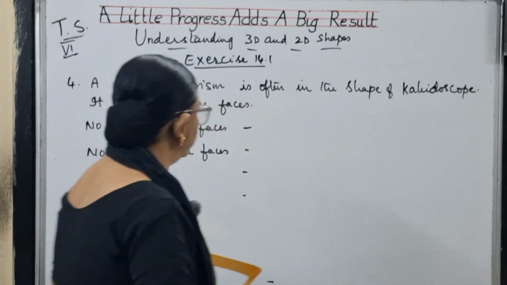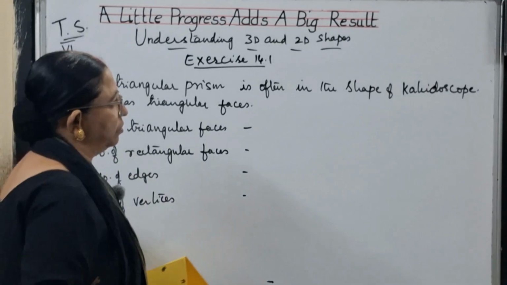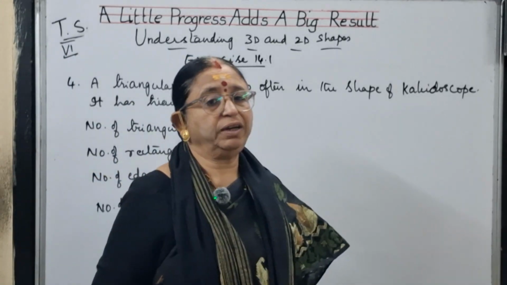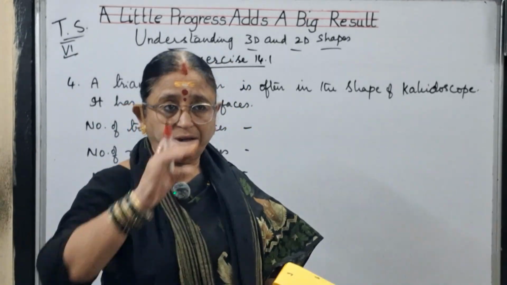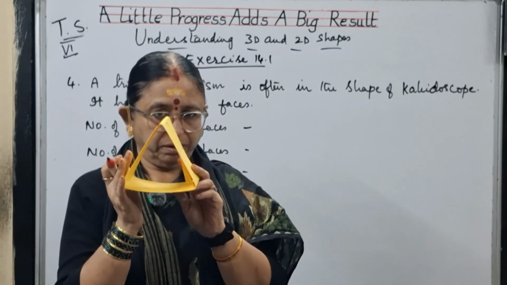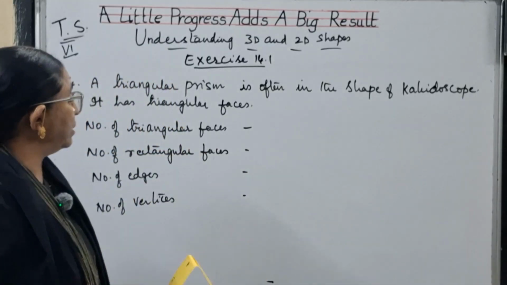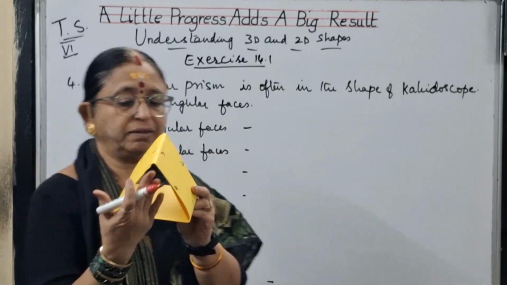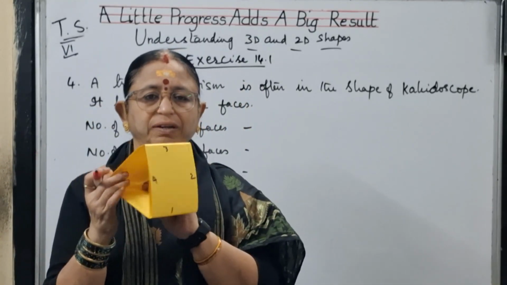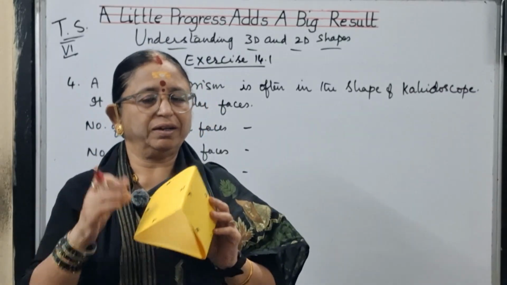Now the next one, fourth one, children. A triangular prism is often in the shape of a kaleidoscope. What is a kaleidoscope? It is a long tube in the form of a prism. In this prism shape, usually both the sides will be closed and inside, some glass pieces they will keep.